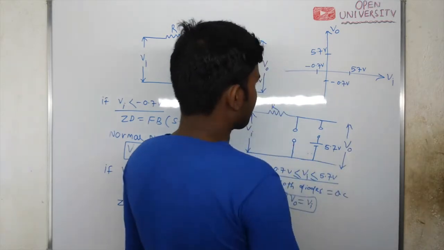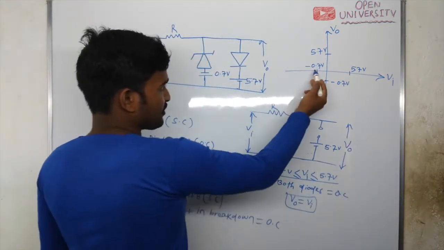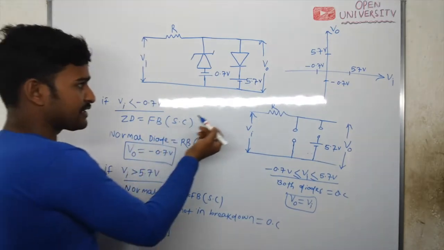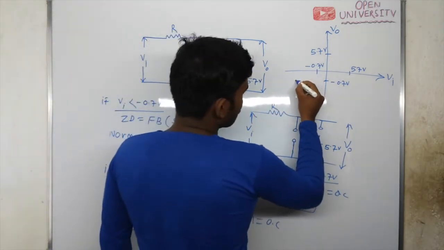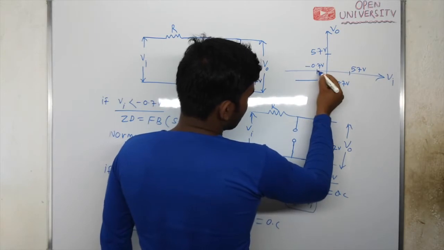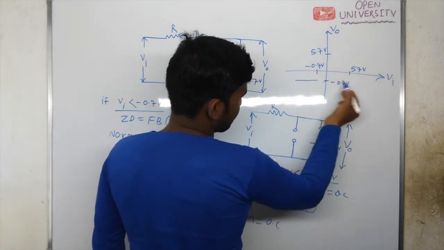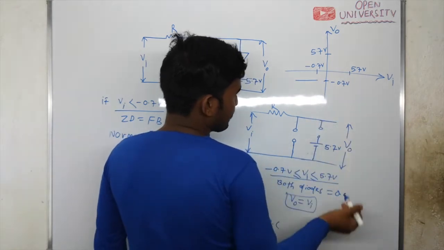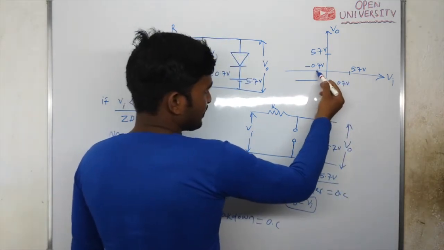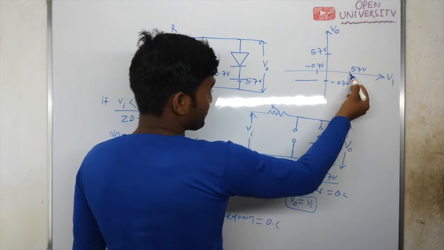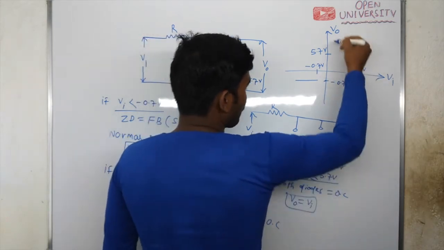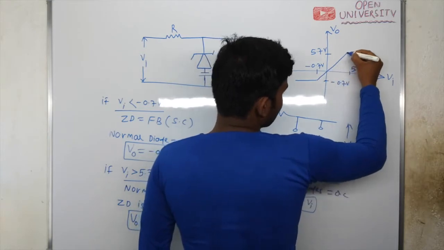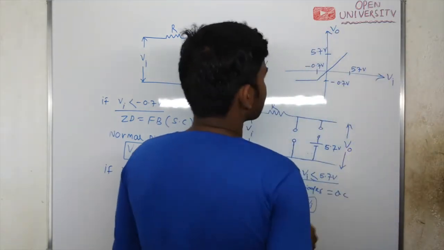Now if input voltage is less than minus 0.7 volt, then output voltage is minus 0.7 volt. If input voltage is in between minus 0.7 volt to plus 5.7 volt, V naught equal to Vi, so it is a straight line like this.